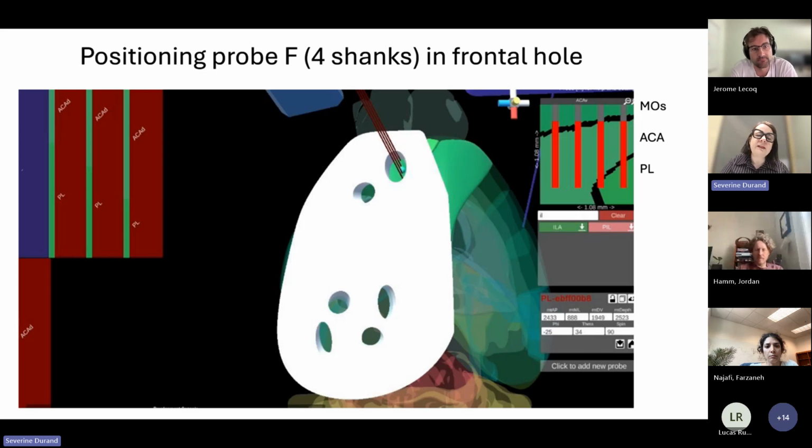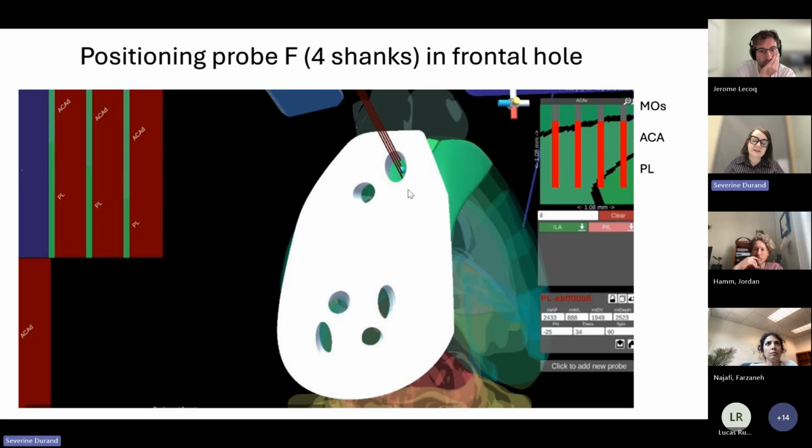First we were thinking it might be interesting to use these 4 shanks for something in this project. So I was looking at the frontal hole again. I made it bigger so that the probe could enter here. On the top right, again in red, are the recording channels, and here are the areas that it's crossing.